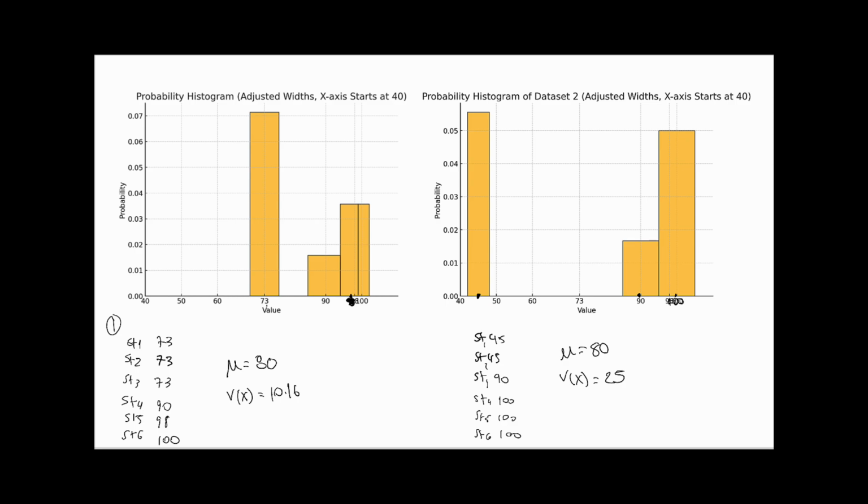Cool. So remember, the area gives me the probabilities, and the mean is actually my scale. So I'm weighting the areas. If I find 80 here, that is the average.